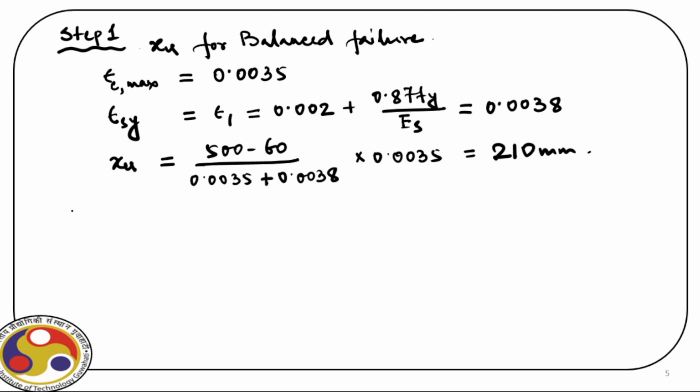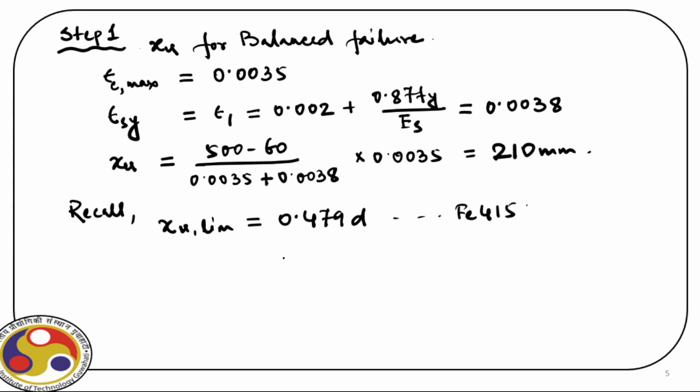Now recall, XU limit for this balanced section is 0.479D if the steel is Fe415, and this is 210 millimeter.